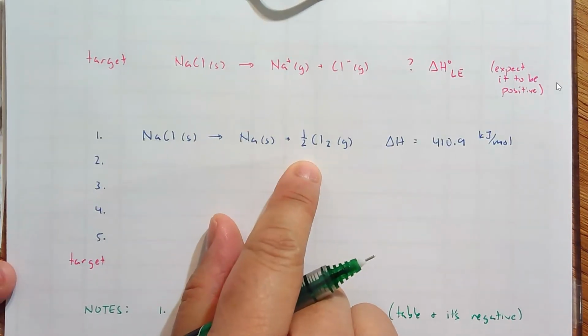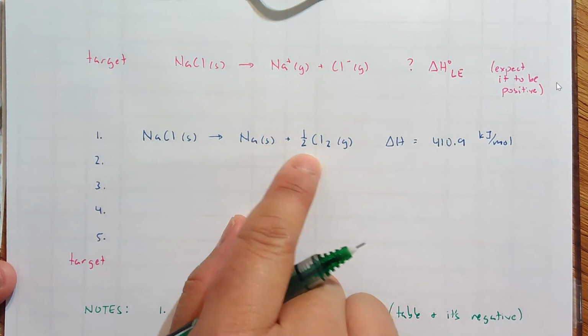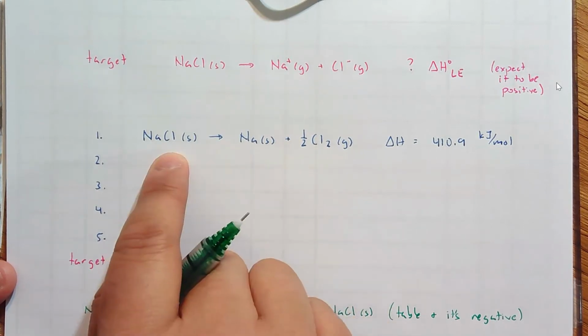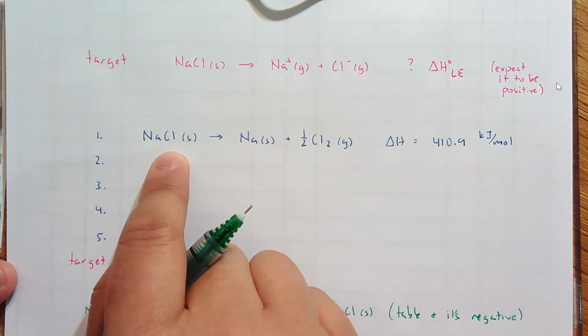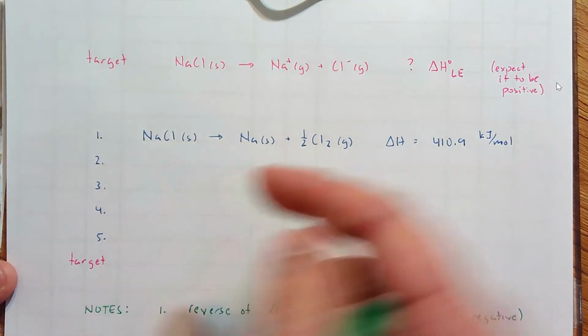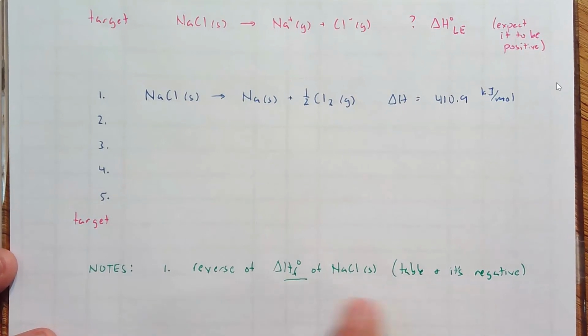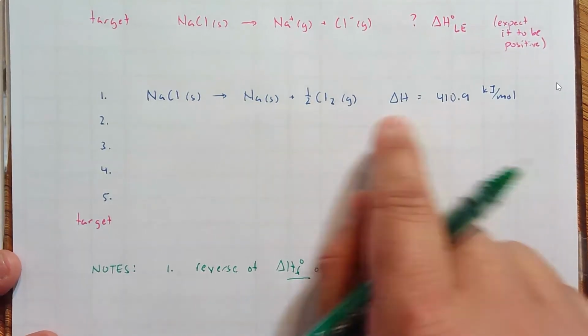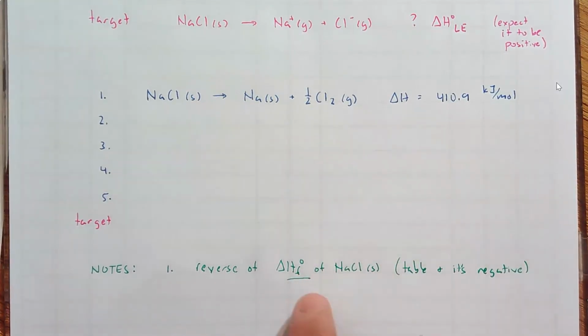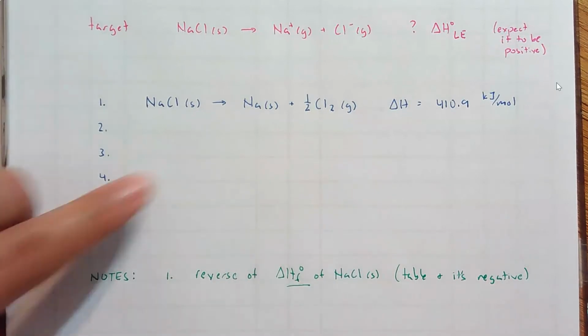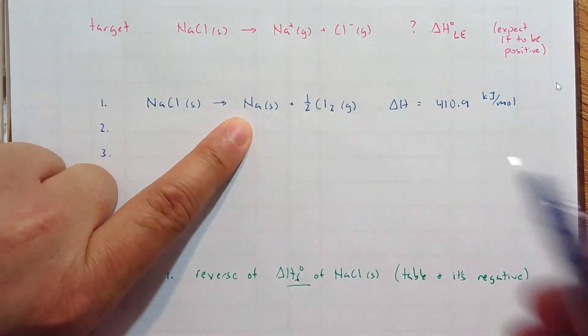The formation of the ionic solid is negative, exothermic, going in the left direction. So when we take the reverse of that number that we see on the table, that negative will become positive. So this is the reverse of the heat of formation for sodium chloride. All right. Next, let's start with sodium.